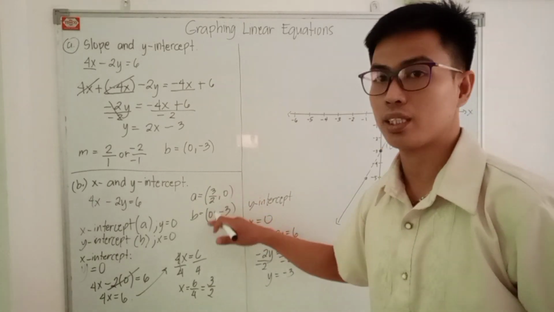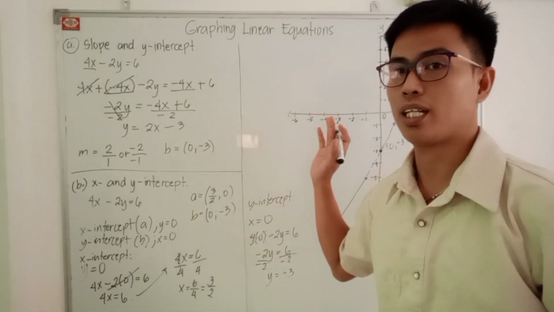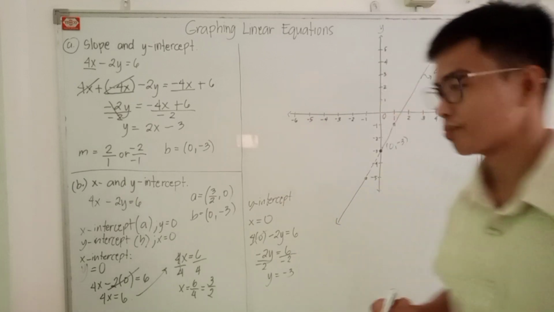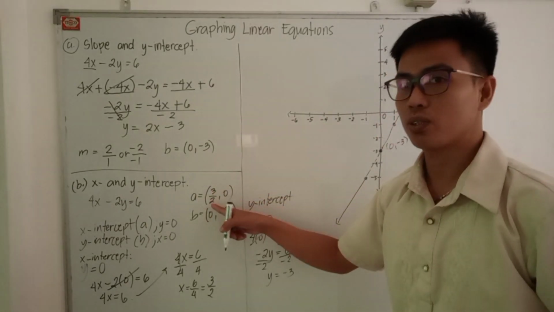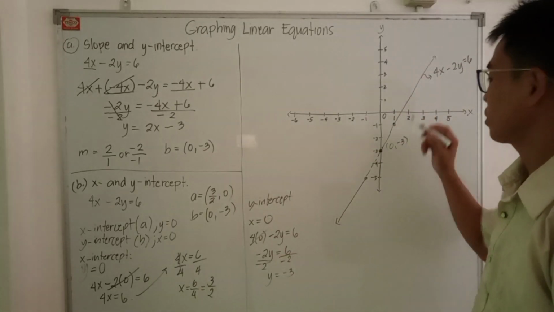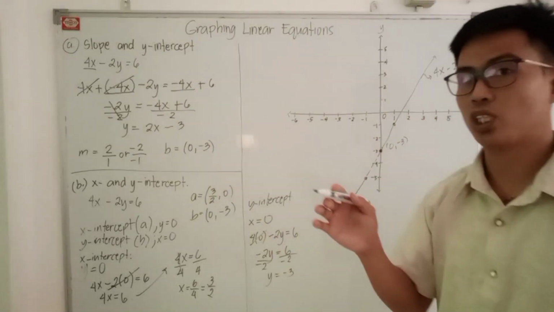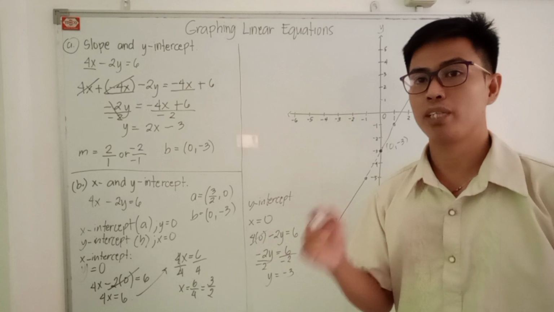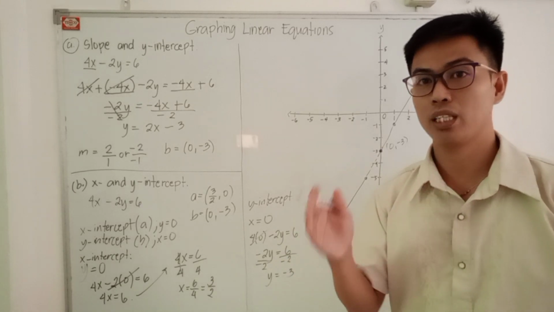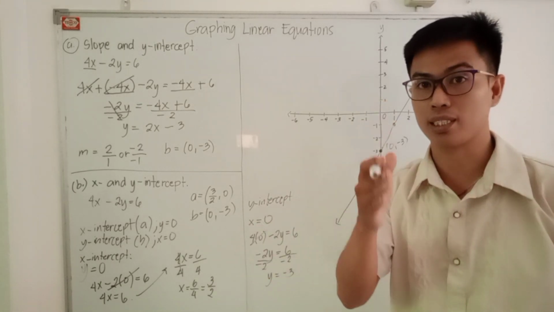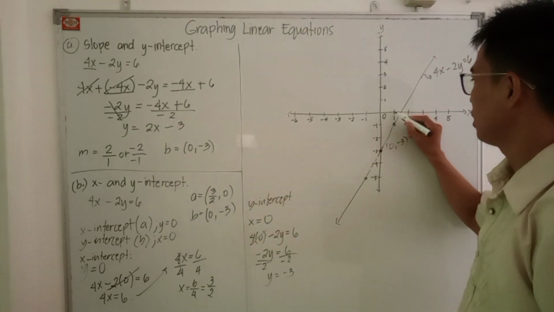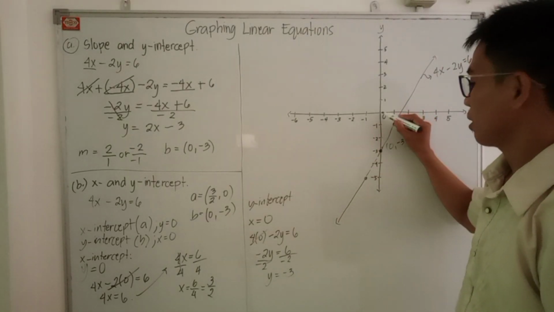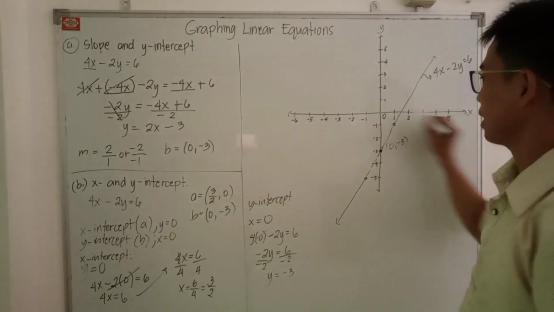Then, pag nakuha na natin sila, saka natin sila i-plot sa ating Cartesian plane. So, plotting 3/2, 0. 3/2 means kapag change natin siya into mixed fraction, siya ay 1 and 1/2. So, ibig sabihin, isa't kalahati. Kung i-graph natin siya dito sa ating Cartesian plane, since x siya, dito muna tayo sa x-axis tumingin.